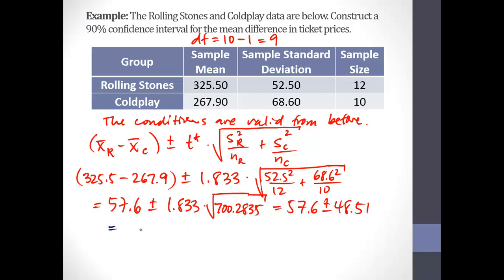Working in dollars, that's $9.09 to $106.11. So our 90% confidence interval for the difference between these two average ticket prices is somewhere between $9 and $106.